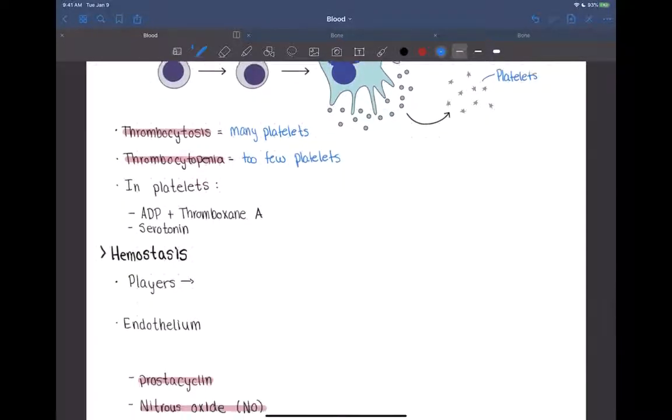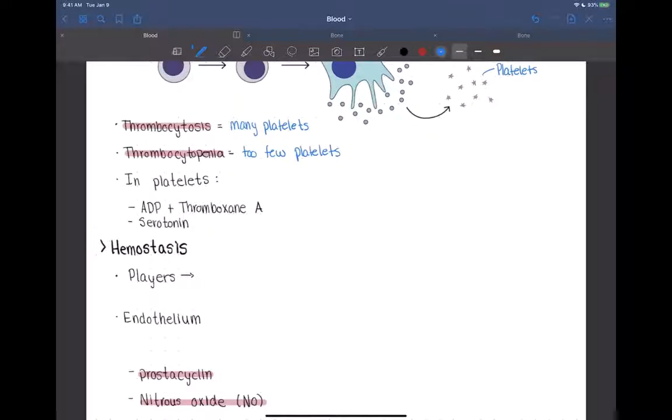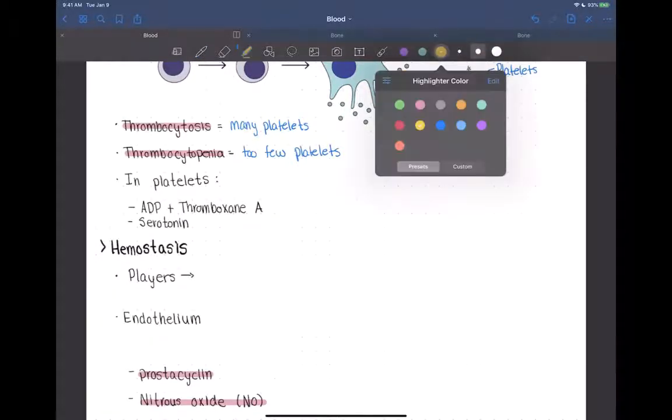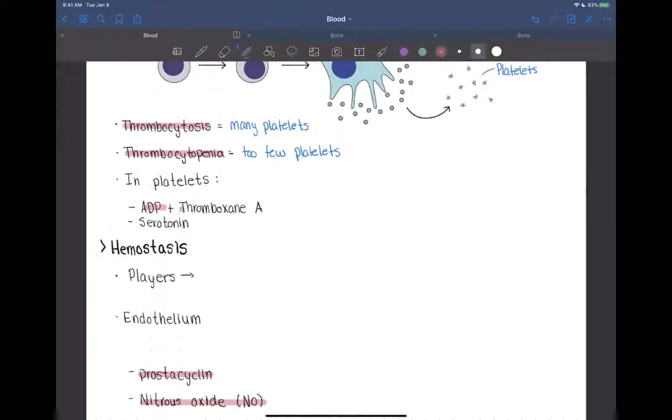Okay, and so then in platelets, we said they're kind of like cell membranes full of different chemicals. And so there's three chemicals that you guys should know, components found in platelets. So the first two, ADP and thromboxane A. Those are the first two.